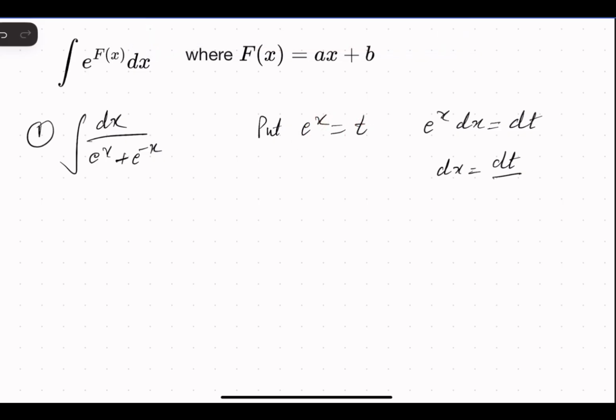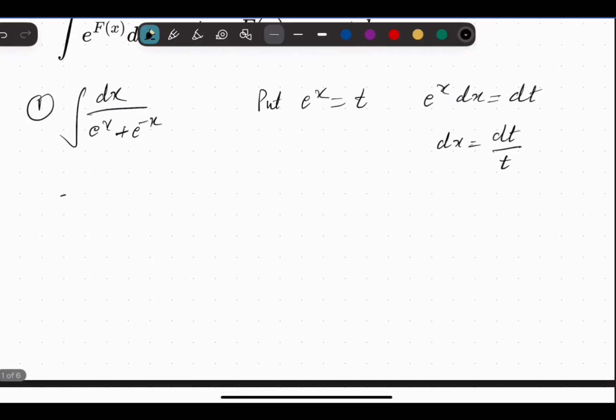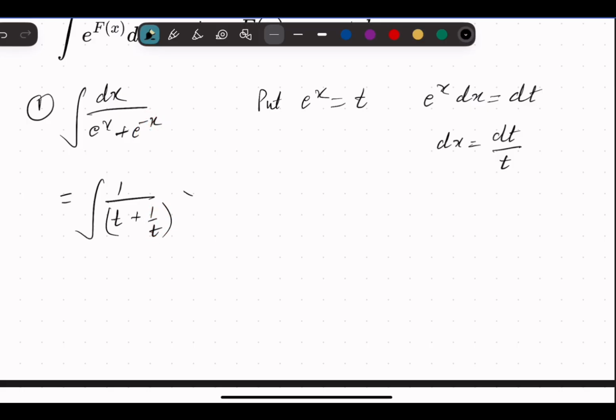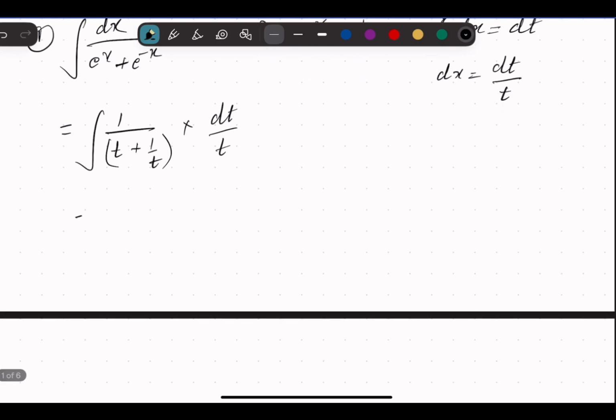This equals the integral of 1 over t plus 1 over t, because this is an inverse power I wrote 1 over t, into dt over t.